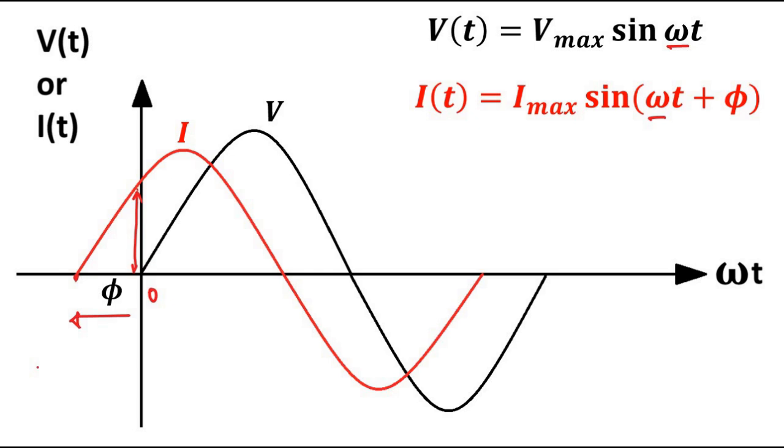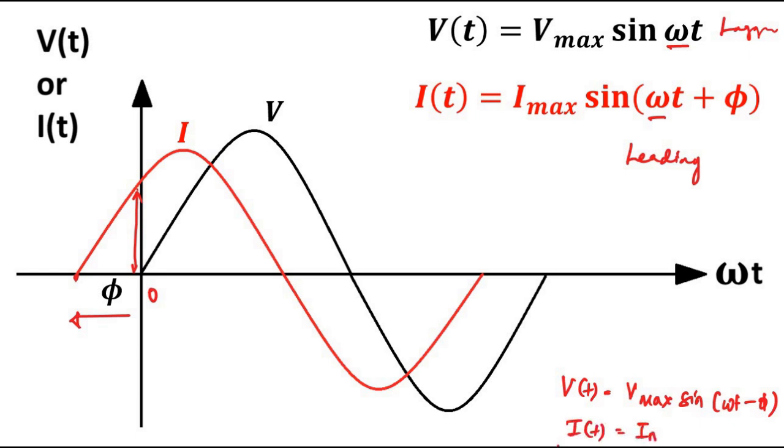So here this plus sign indicates that It is leading: the current signal is leading and the voltage signal is lagging. Alternatively you can express it as Vt equals Vmax sin omega t minus phi, and It equals Imax sin omega t.